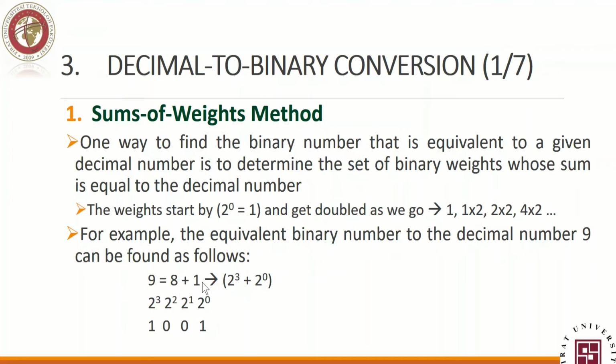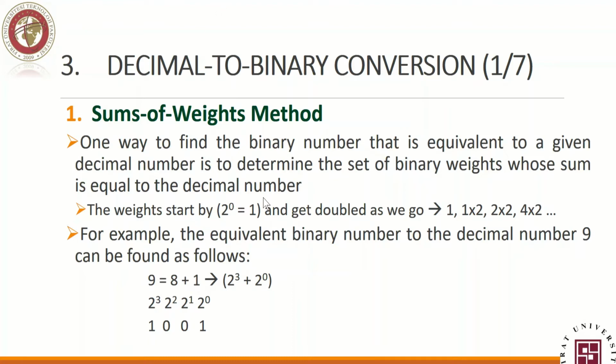Someone may tell me it can be decomposed to 7 plus 2. Yes, but it doesn't apply to the binary system. In the binary system, we have the weight of 1, which is 2 to power 0. And we also have the weight of 8, which is 2 to power 3.